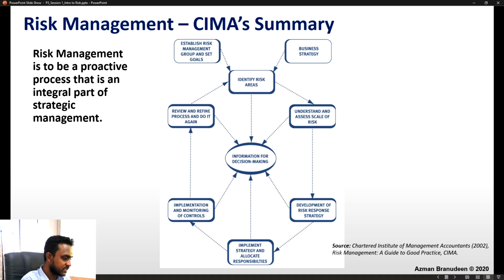And if you look at this, there is a hexagon, and that is the key hexagon that you need to be following. Identify risk areas, understand and assess the scale of risk, development of risk response strategy, implementation and allocation, implementation and monitoring of controls, review and refine the process, and basically follow through this cycle repetitively.